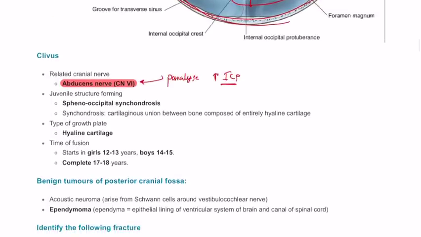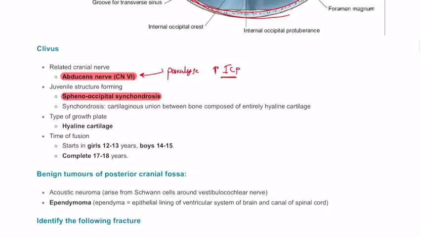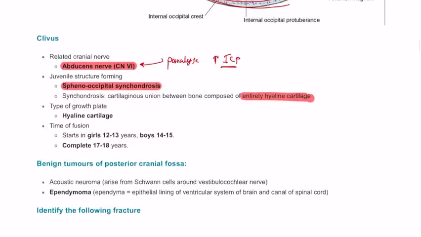Okay? The juvenile structure forming it is something called the sphenooccipital synchondrosis. A synchondrosis is a cartilaginous union between bones, composed entirely of hyaline cartilage. It's a type of growth plate made of hyaline cartilage. And for the time of fusion, remember these numbers: 12, 13, 14, 15, 17, 18.